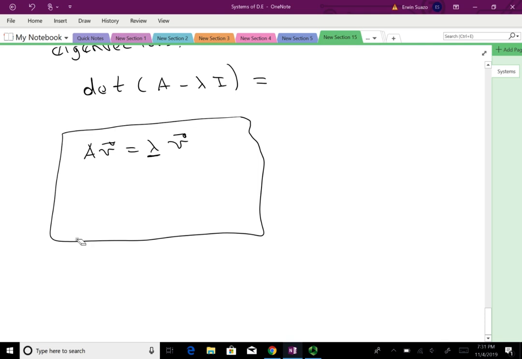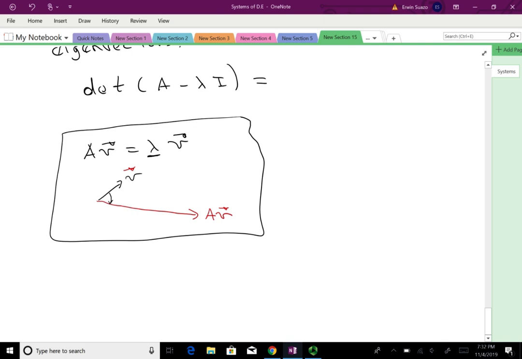What does this mean? A matrix usually rotates the vector, gives a rotation to the vector and makes it longer or shorter.